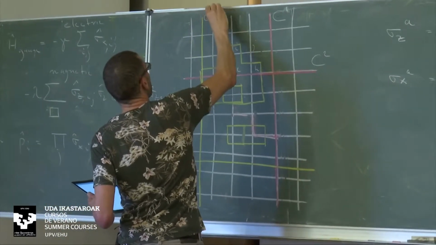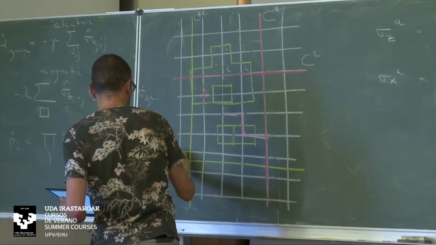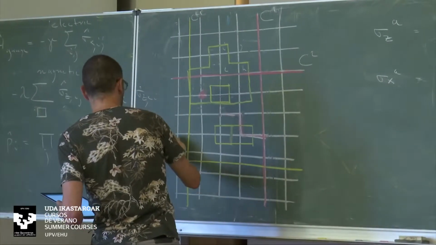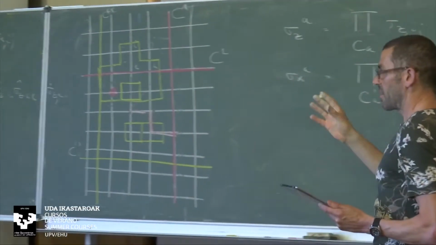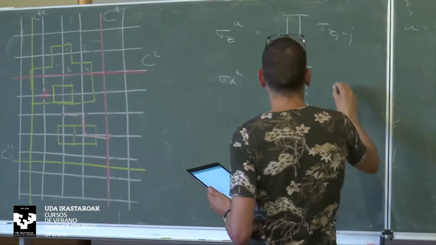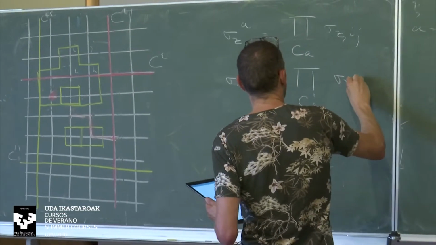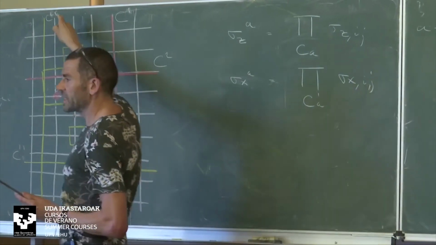No, C1, C2, C2 prime, and this is C1 prime. Yeah, exactly, they're different. 1 and 2 come in different orders. And you build the product of sigma x. So all sigma x is intersected.